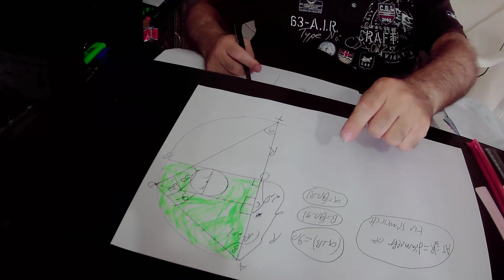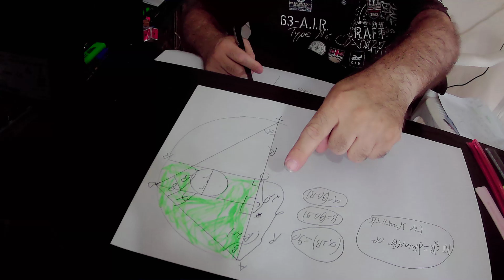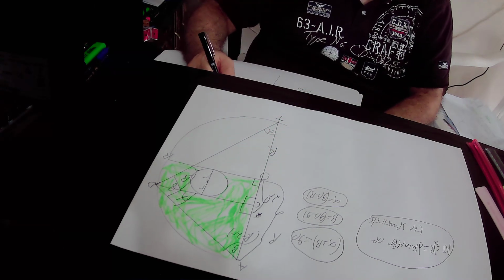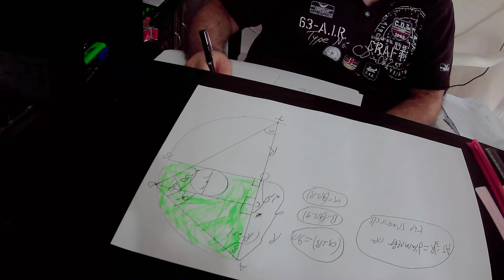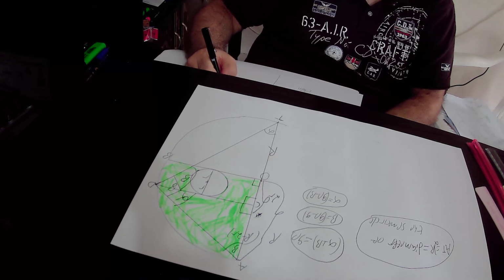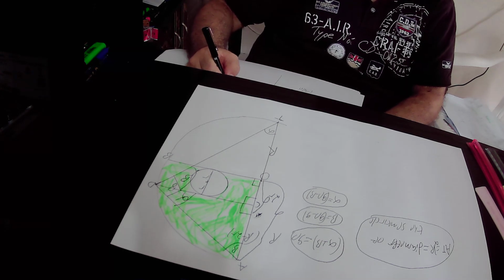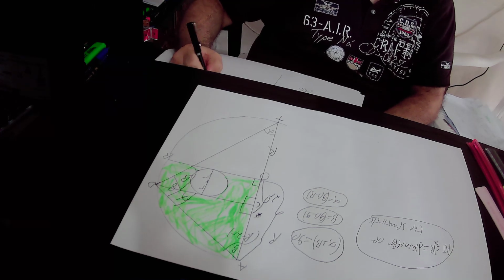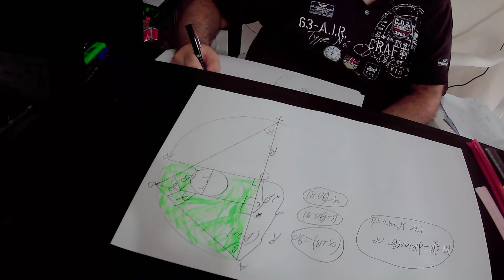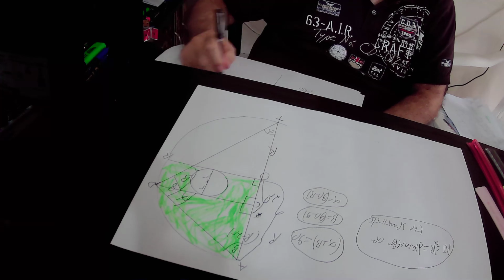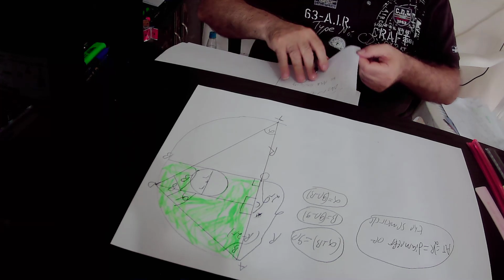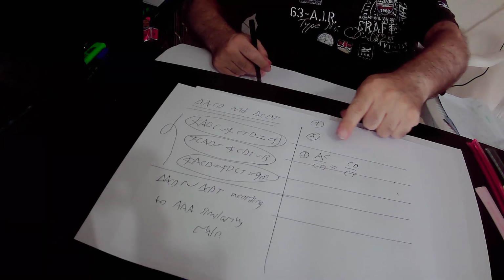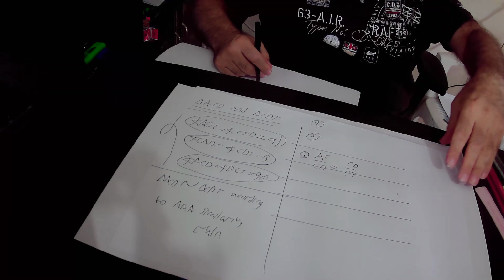We conclude that AC over CD equals CD over CT. Repeat again. We conclude that AC over CD equals CD over CT.